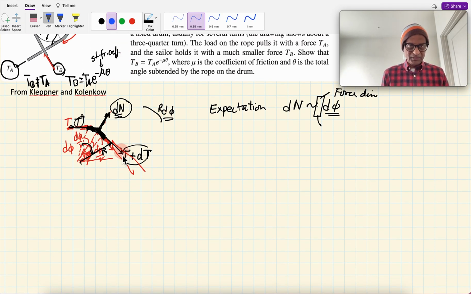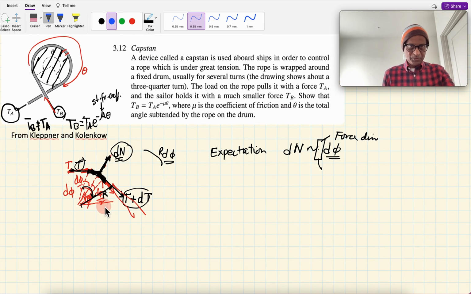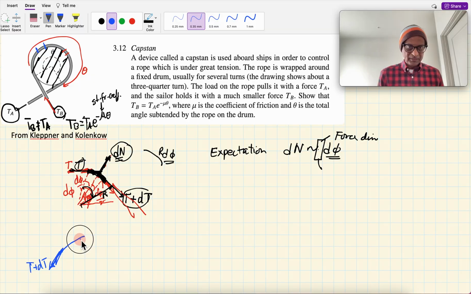Let's redraw this according to the orientation there. Let's look at this piece. This is the direction I'm pulling. Let's call it T plus delta T, and that's the direction of T, okay?